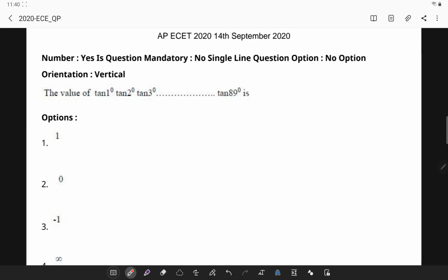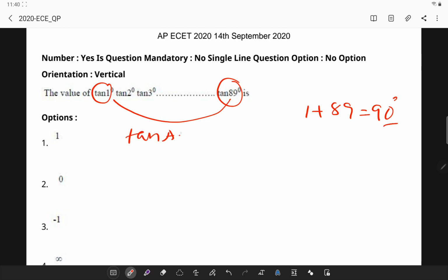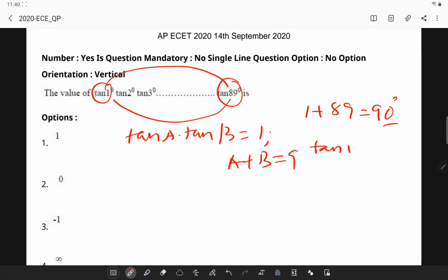Next, tan 1 into tan 2 into tan 3 and so on. This is also a tricky question. So I will just try to see this. 1 plus 89 is 90. So I have the identity tan A into tan B is equal to 1 when A plus B is 90. So if I multiply tan 1 into tan 89, I will be left with 1.